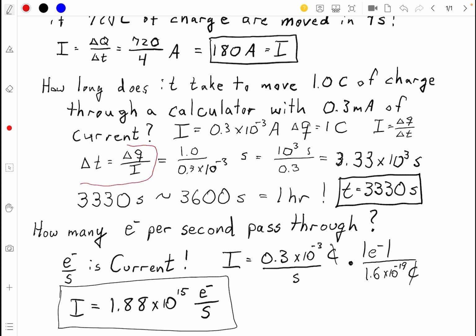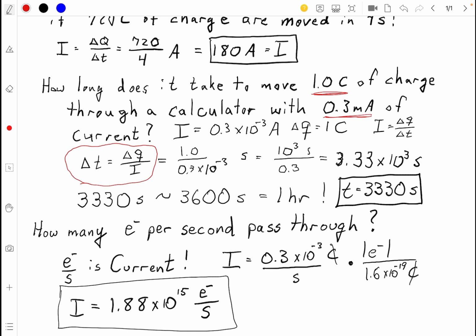Instead of I equals Q over delta T, we're going to say that delta T is equal to delta Q over I. And our delta Q is this 1 coulomb, and our current is 0.3 milliamps.